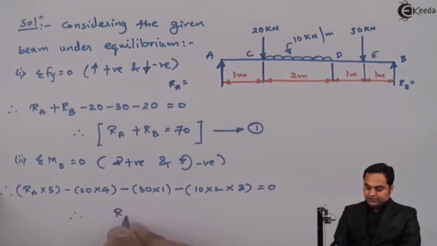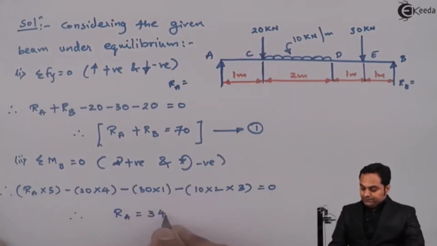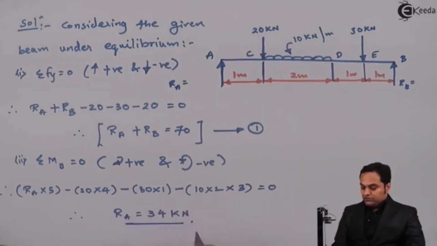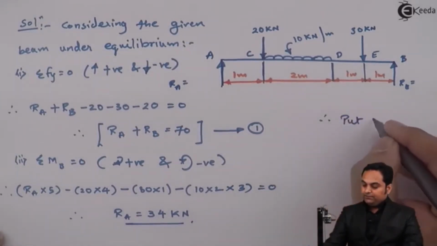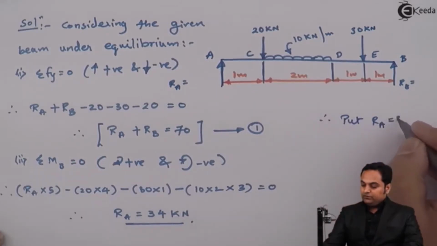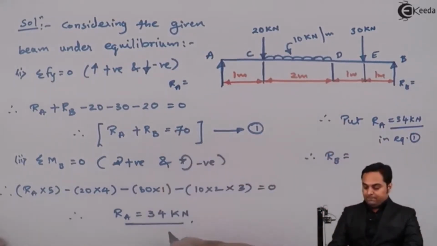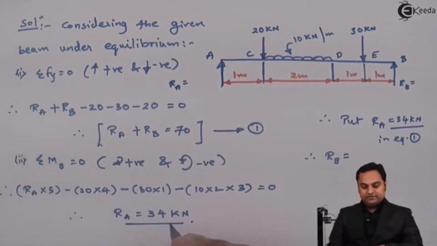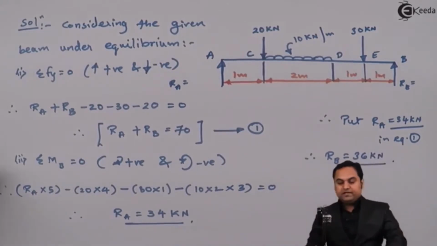After the calculation, I get my Ra value as 34 kilonewton. Putting Ra equal to 34 kilonewton in equation 1, Rb will be 70 minus 34, and that is 36 kilonewton. So I have found out the support reactions.